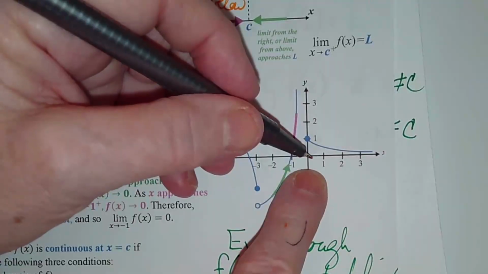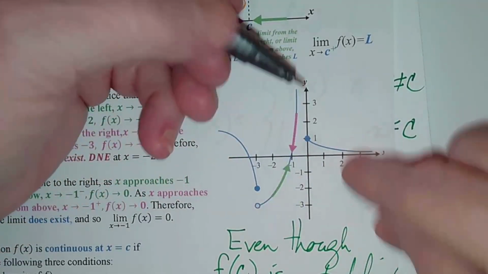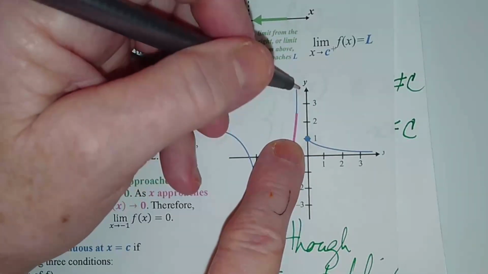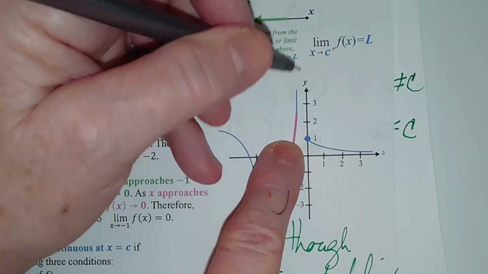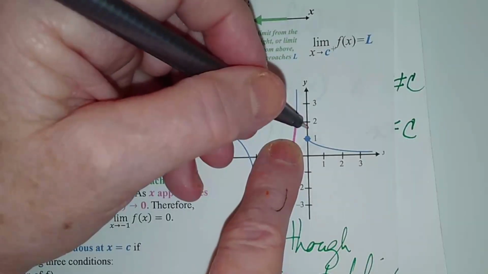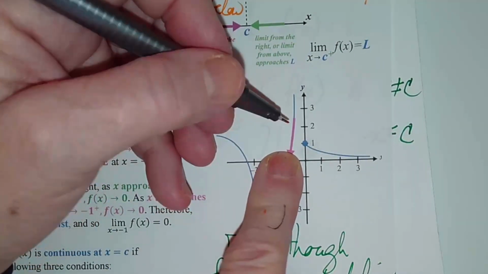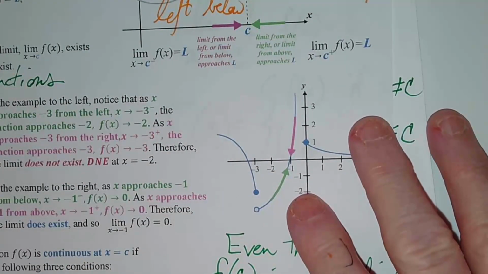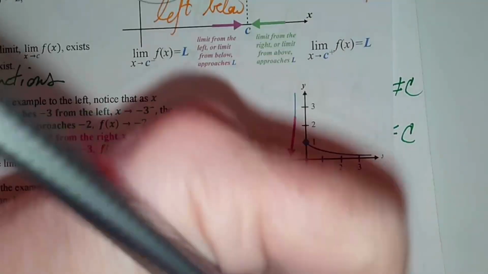As we approach zero from below, do you see that we don't even have the situation of a jump? So here we are. Let's make a better color. Here we go.